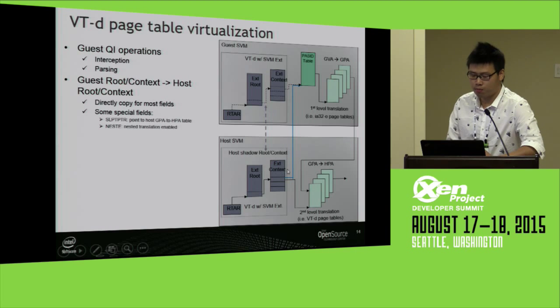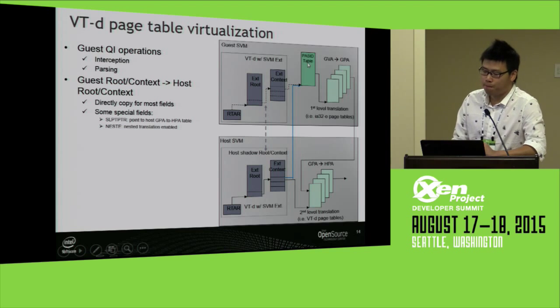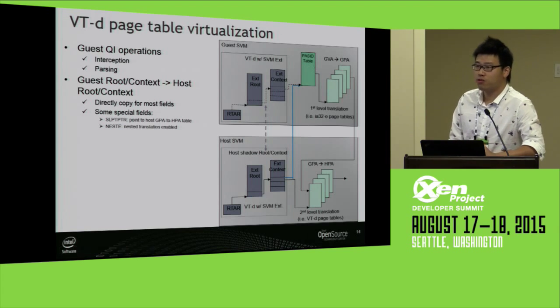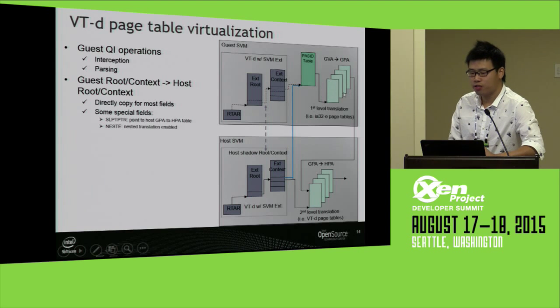So we will point to the guest side PASID table. Then we will find an entry in it. And then we will do the address translation in the associated first level page table here. We will get the GPA. And then we will do the address translation for this GPA in this second level translation table here. After that, we will get the HPA.